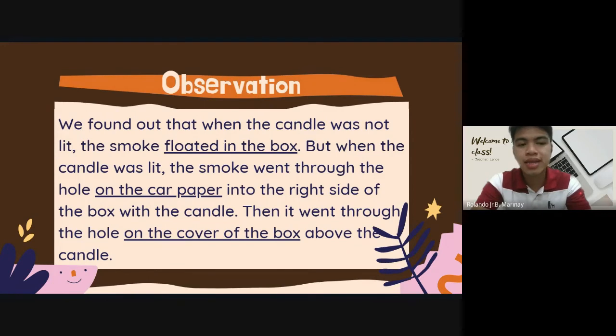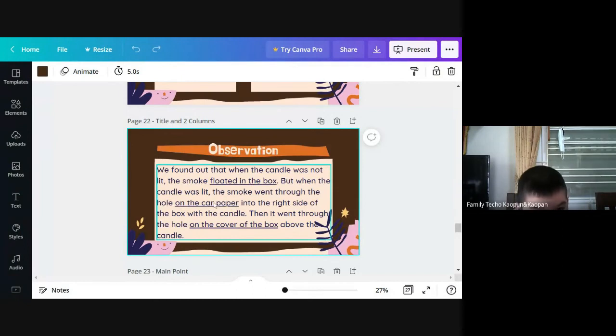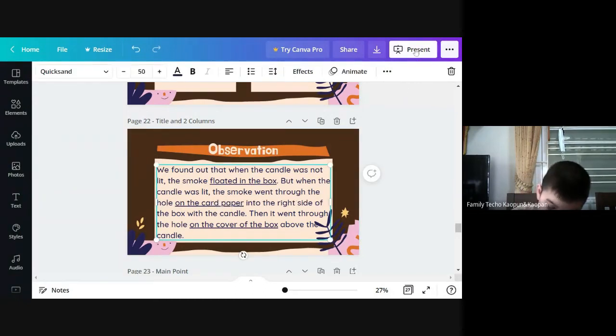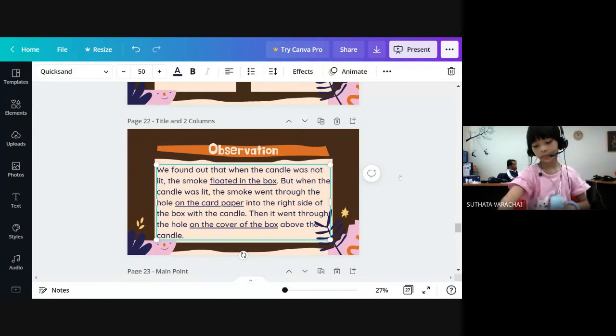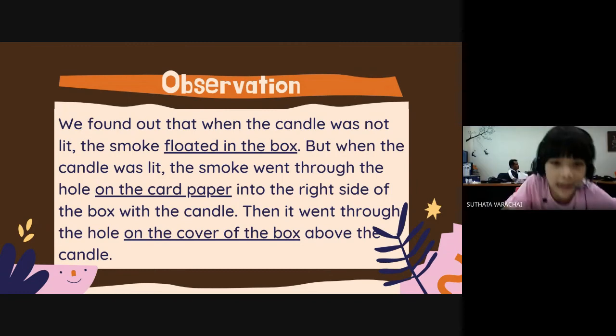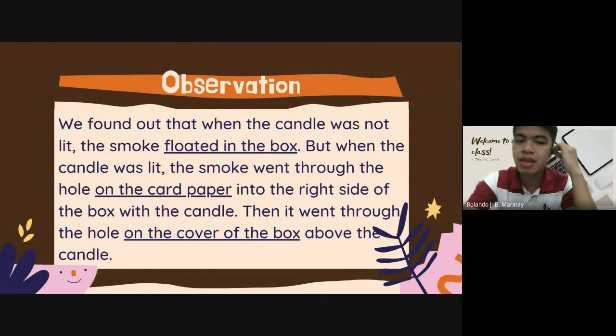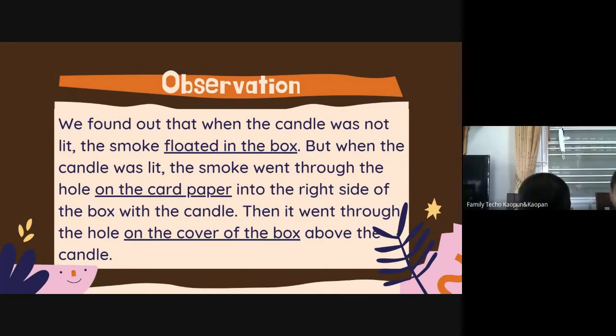But when the candle was lit, the smoke went through the hole in the card paper into the right side of the box with the candle. Then it went through the hole in the cover of the box above the candle.